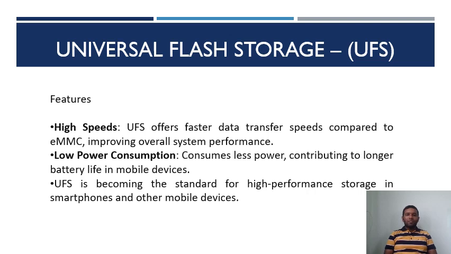Low power consumption: it consumes less power, contributing to longer battery life in mobile devices. UFS is becoming the standard for high performance storage in smartphones and other mobile devices. This is about universal flash storage. With high speed and low power consumption, these two have now become the standard for high performance storage in smartphones and other mobile devices. This is about the UFS.